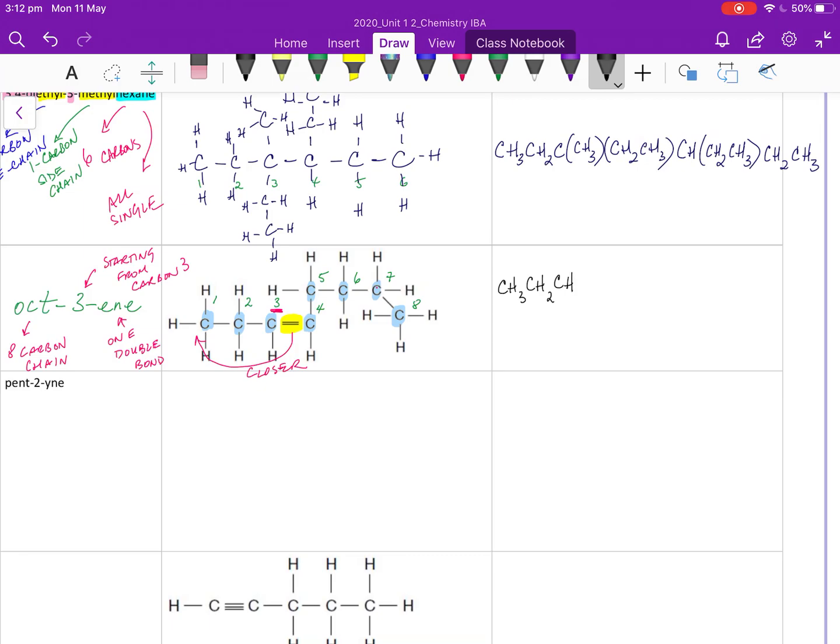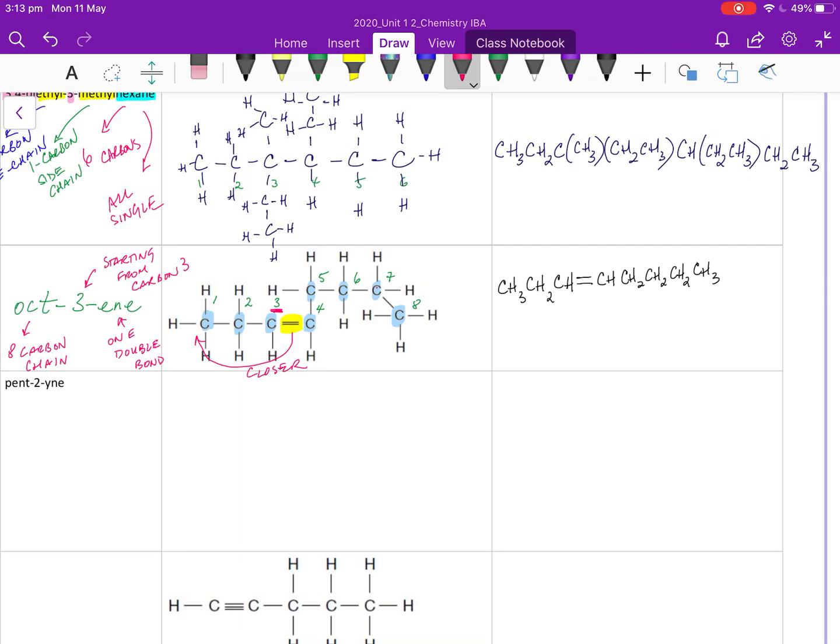Now I have a special double bond, so in my condensed formula I actually will show that double bond between carbons 3 and 4, which is also a CH group. 5, 6, and 7 are CH2 groups, ending in a CH3 group.